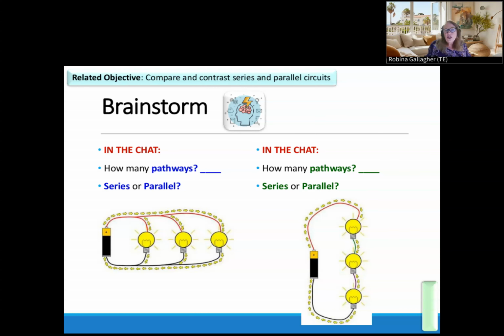So tell me, that image on the left on the screen, how many pathways are there in that diagram? Some other people, tell me, how many pathways do you see? Layla, exactly right.